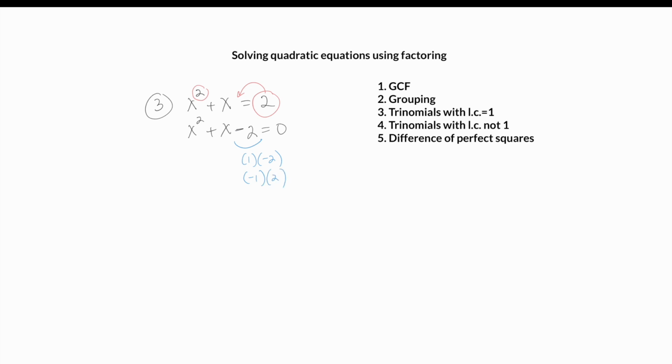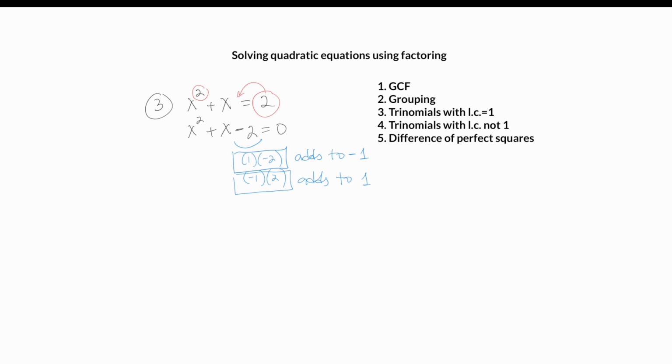And then I will check what these pairs will add to. So this first pair adds to negative 1, 1 plus negative 2, and the second pair here adds to positive 1, negative 1 plus 2.